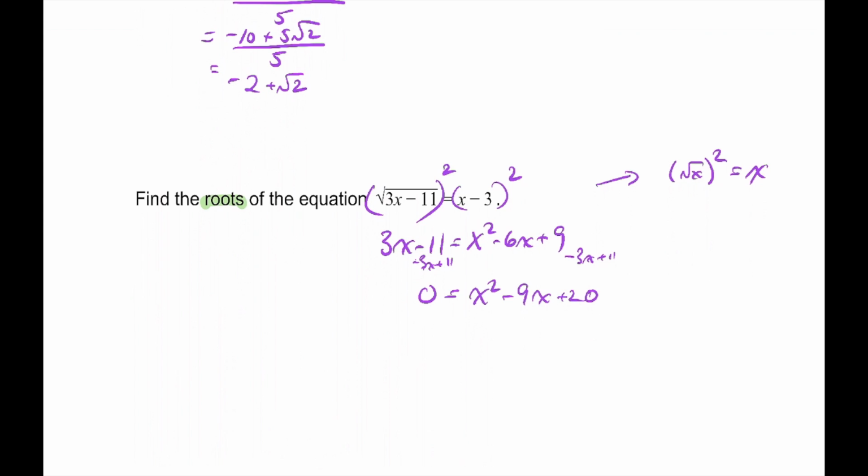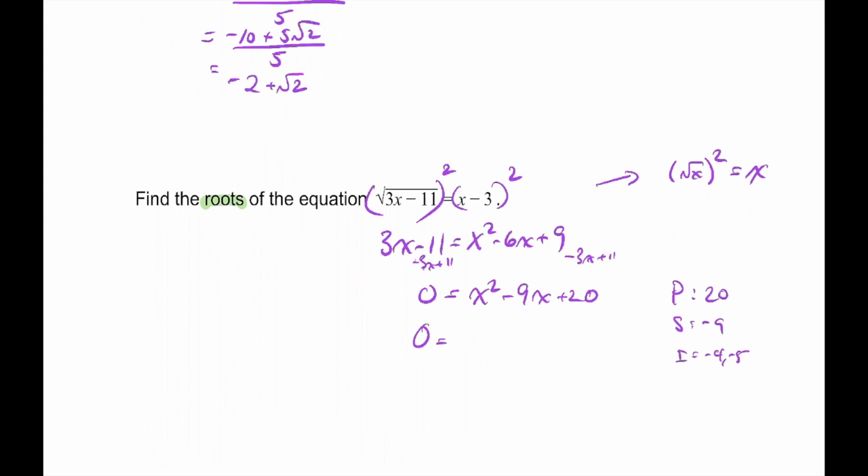So here we can use the quadratic formula, or hopefully we can factor this, and it looks like it's factorable. Here the product is 20, the sum is minus 9, and I see the integers are negative 4 and negative 5. So this factors.